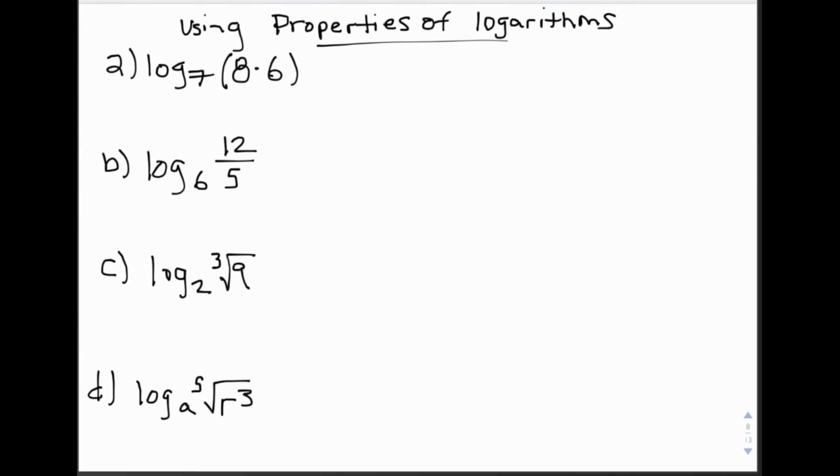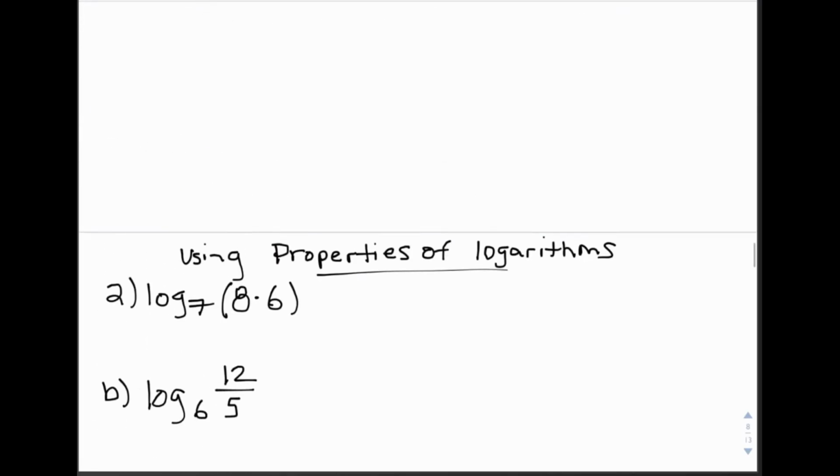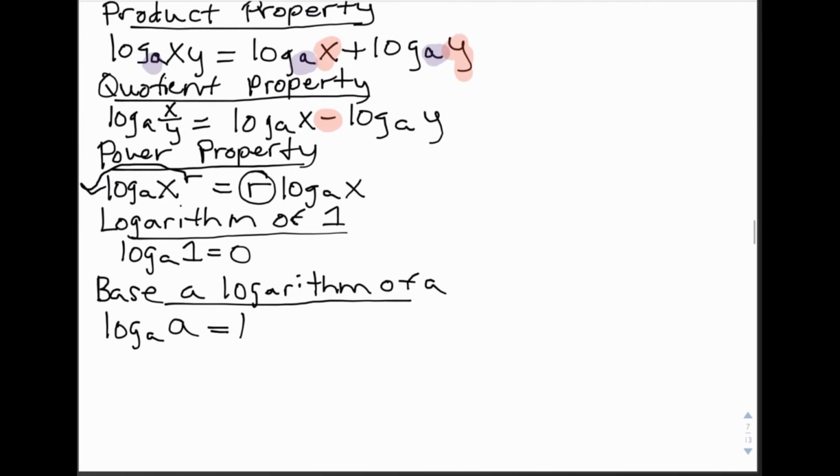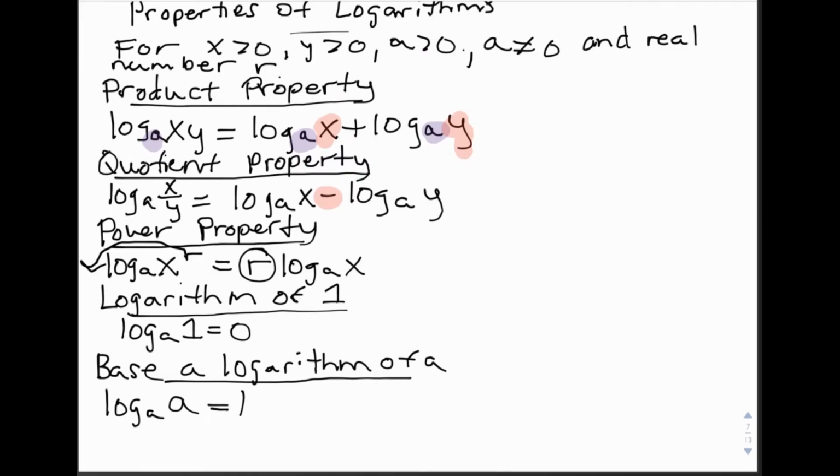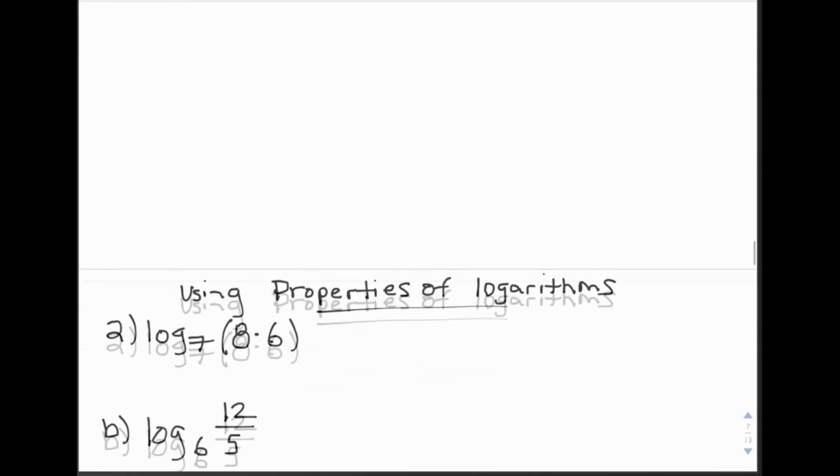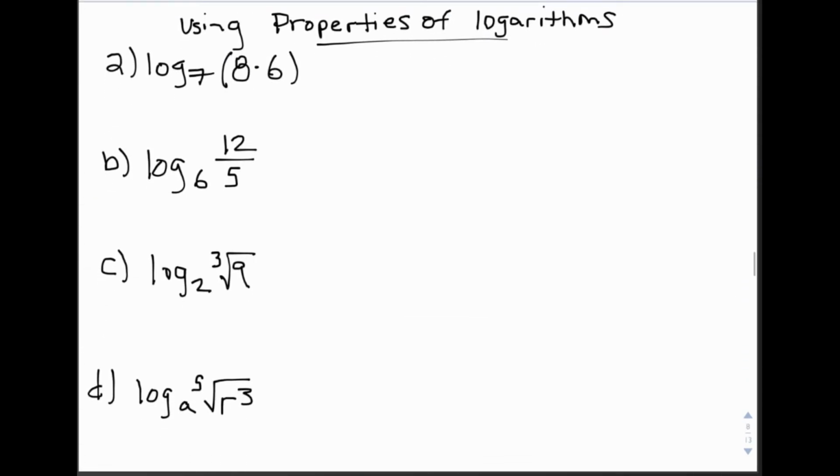So our first one, log, in this case, base 7, and then we have an 8 times a 6. So this is going to be an example of our product property. So if we go ahead and look back up, product property, again, because we have two numbers multiplied by each other. So let's go ahead and write this out.